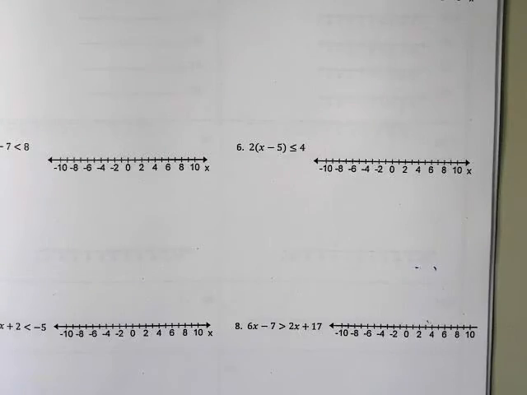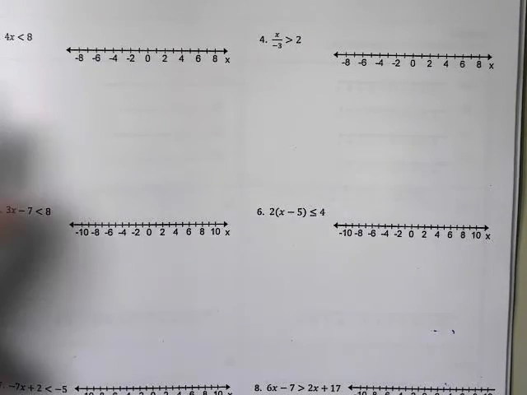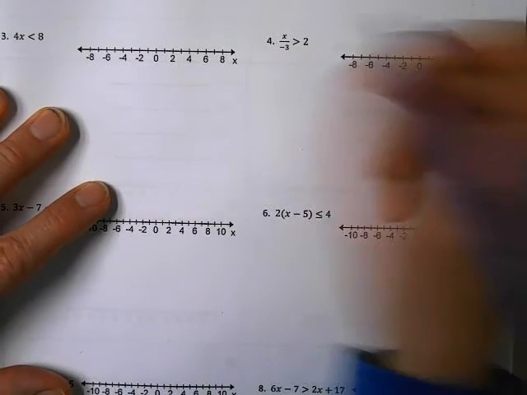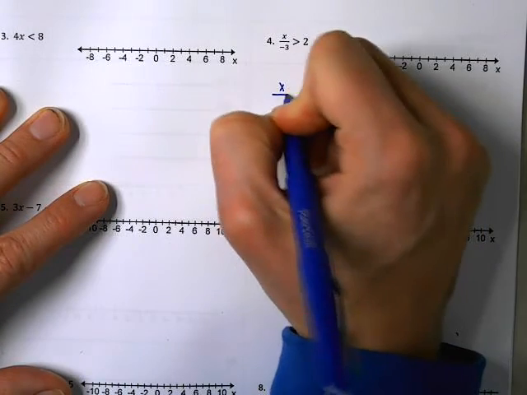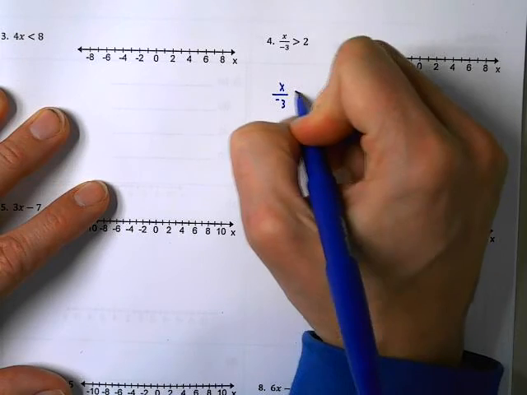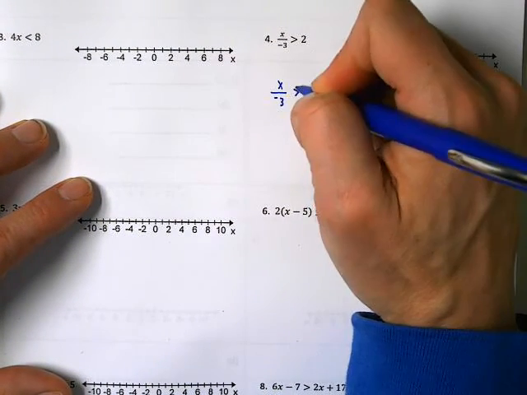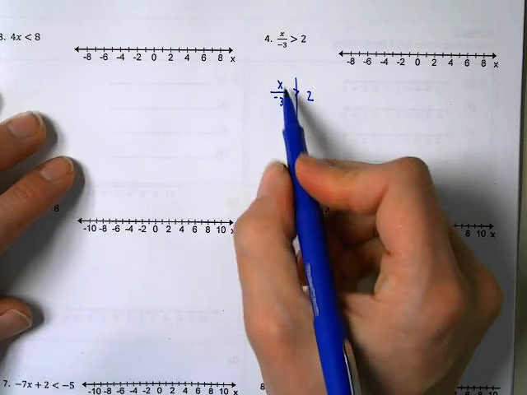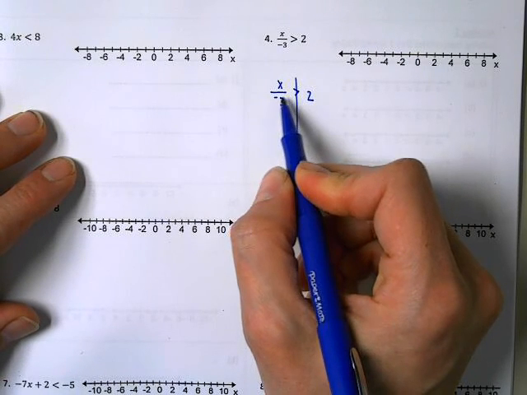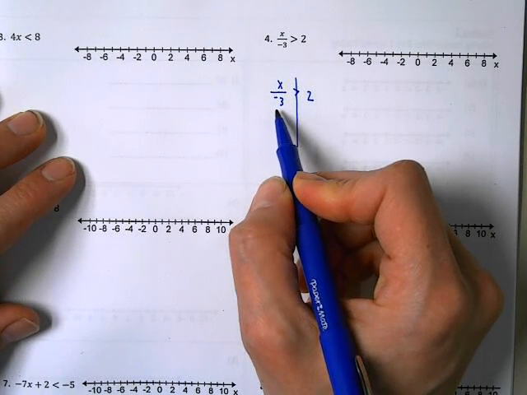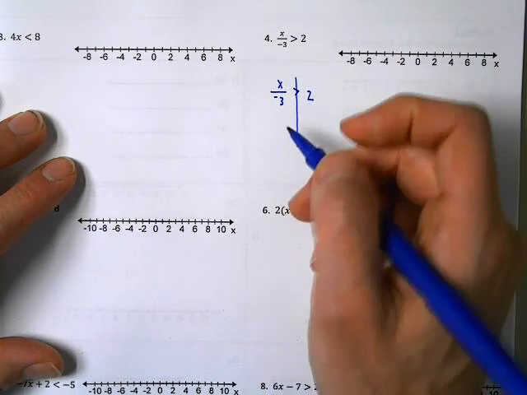So let's go ahead and pick, let's do number 4. All right, so I'm going to rewrite this so I have a little more room. So x divided by -3 is greater than 2. So I'm going to draw my line. Now, here I was dividing by a -3. I know the inverse of division, or the opposite, is multiplying.